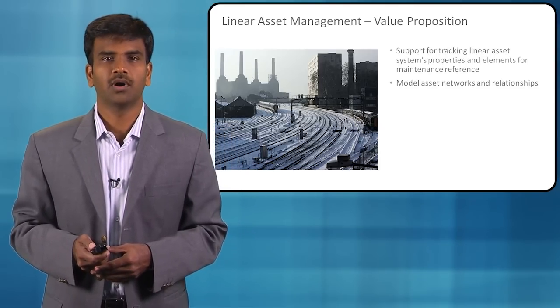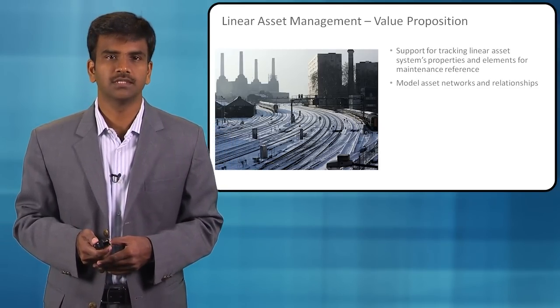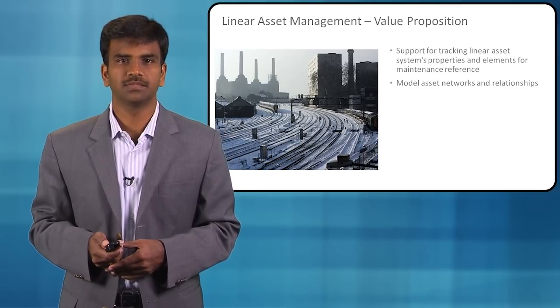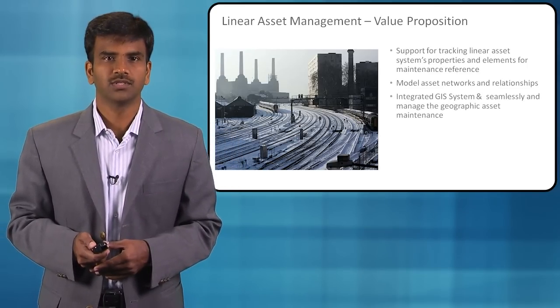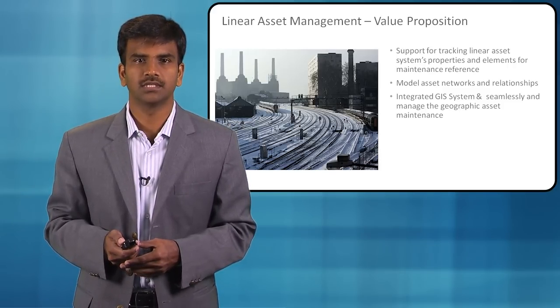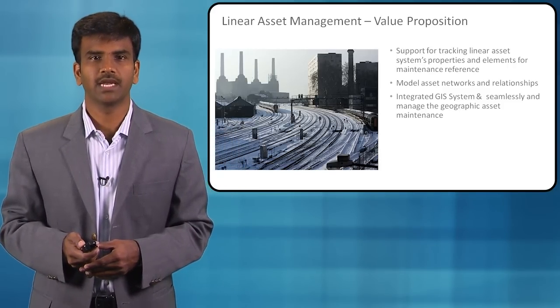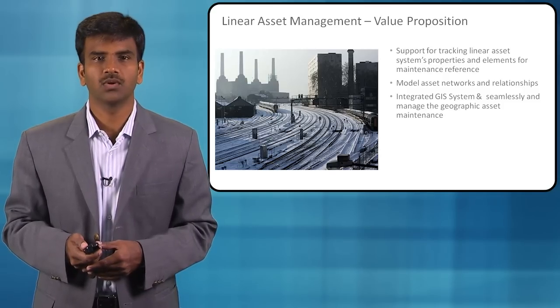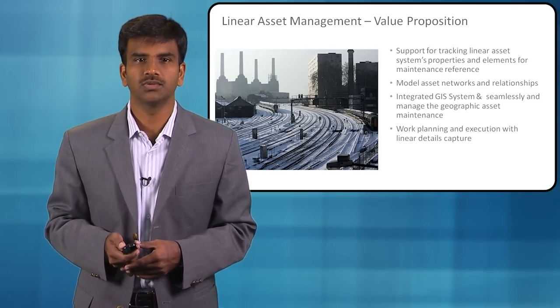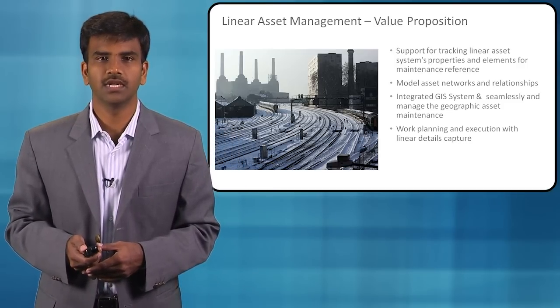And also it will help organizations who are maintaining linear assets to model their linear asset network and maintain their relationships in the system. And also it provides an integrated GIS system and EAM system management together for geographically located assets. And it helps in work planning and execution with linear details capture.